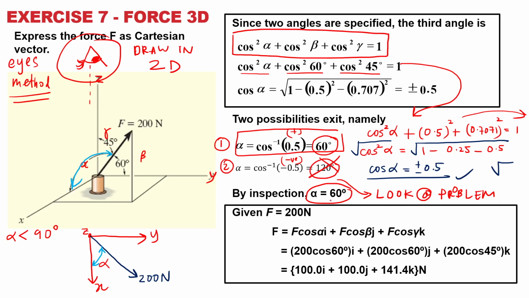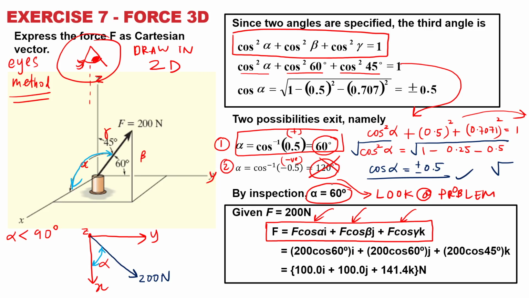So once you've got all the angles, it's very easy to convert. You have to use this equation, which is F cos alpha plus F cos beta and F cos gamma. So when you are using this, it will automatically decide the negative and positive value for you.